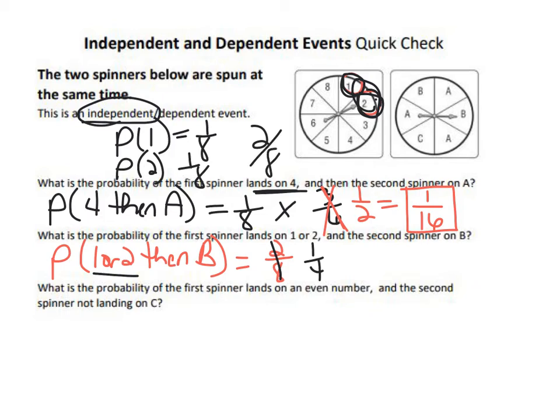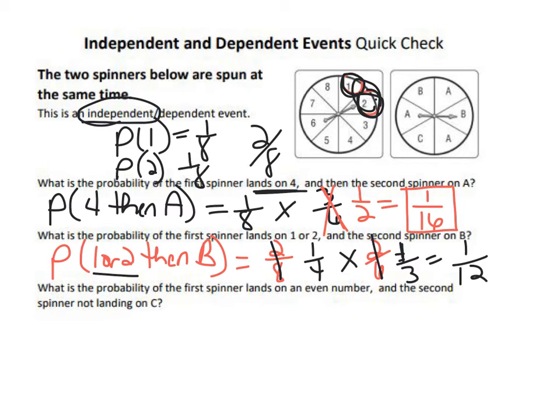Okay. So now we have 1/4 times, now we want to do the probability of B, which is 2 out of 6. And I'm going to simplify that to 1 over 3. So now I just multiply it. 1 times 1 is 1. 4 times 3 is 12.